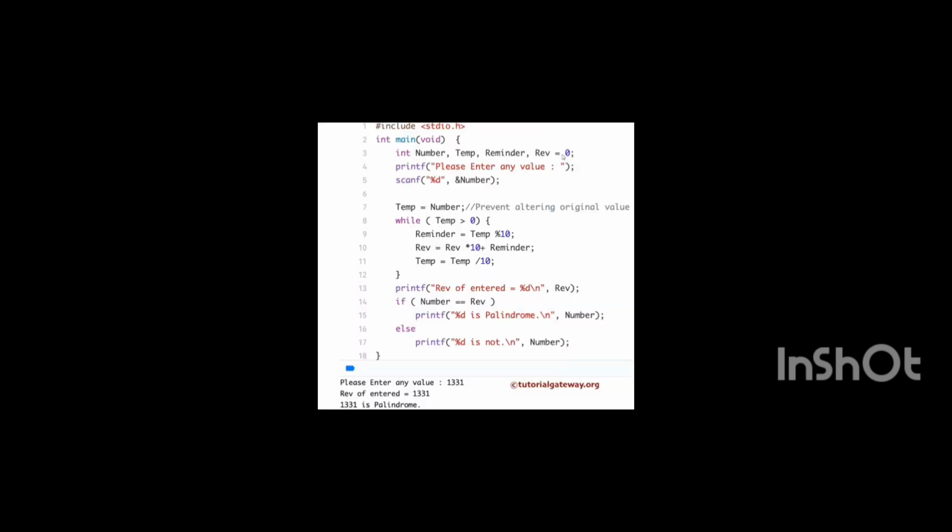Many fun things can be done using this core concept of palindrome, such as checking whether 1331 is a palindromic number or not. We can find this by programming in C, and by running the code we can verify whether 1331 is a palindrome or not.